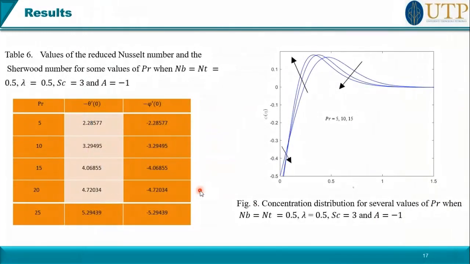From table 6, when the Prandtl number Pr increases, so we can see 5, 10, 15, the thermal boundary layer thickness decreases, which led to an increase in the heat transfer rate. You can see here the increase.